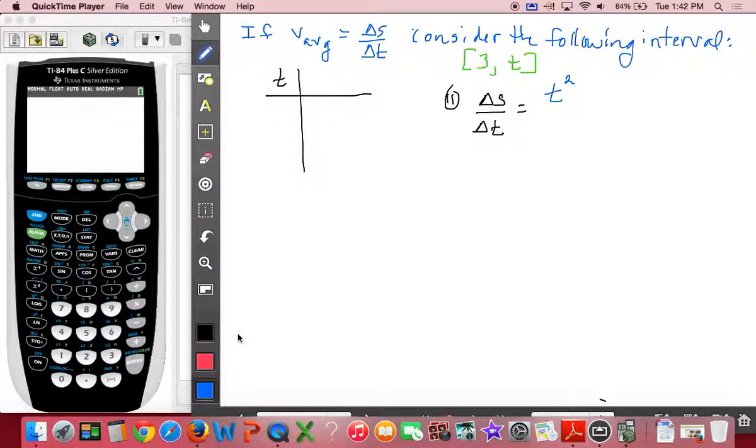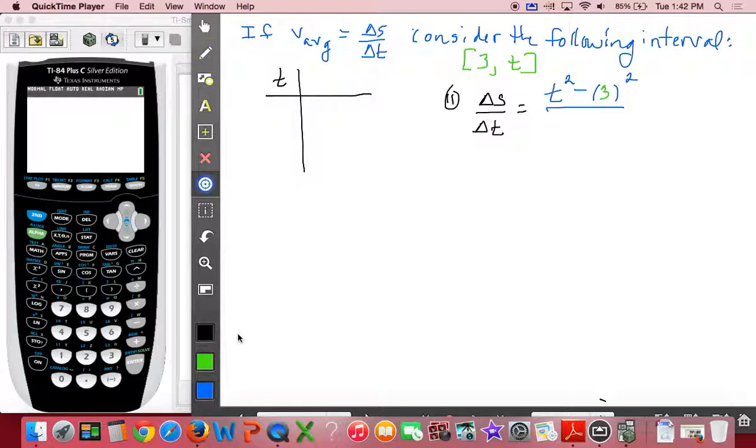Then we subtract the distance at time 3. What's the distance at time 3? 9, because you squared it. Just for your notes, we put in the 3 squared, and then that's divided by.